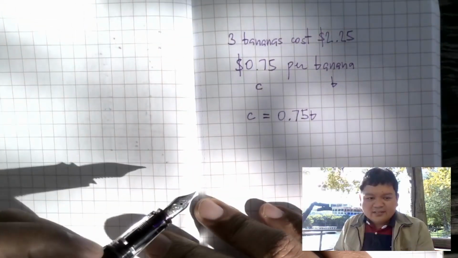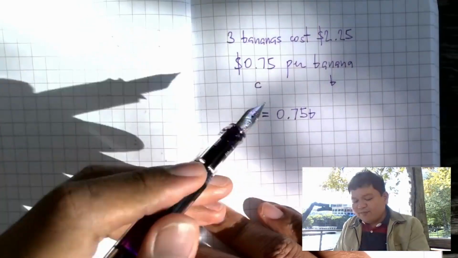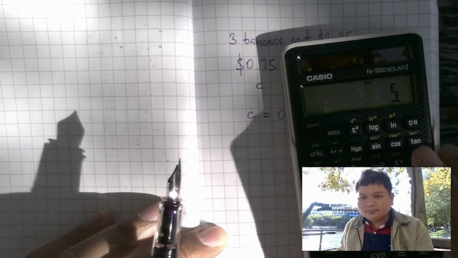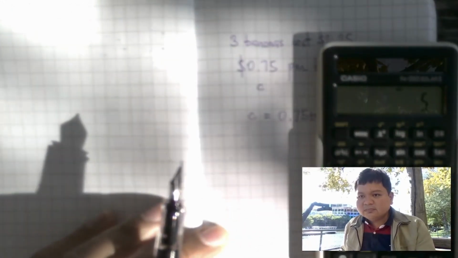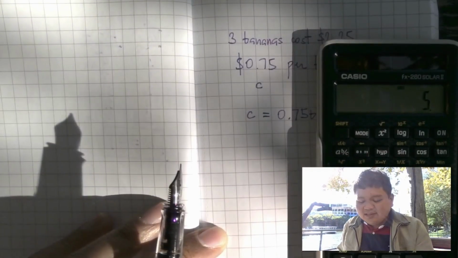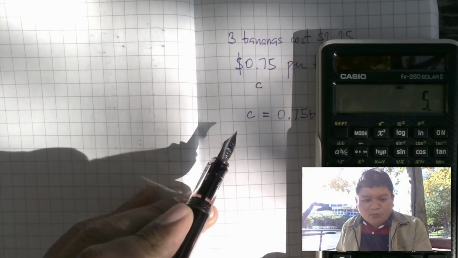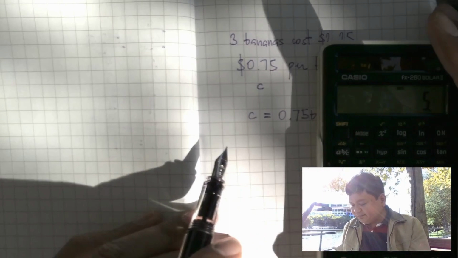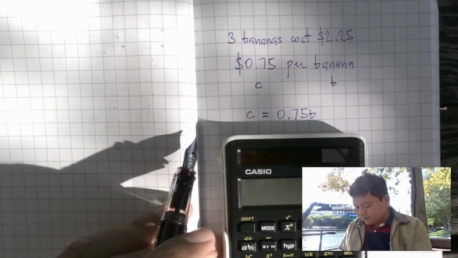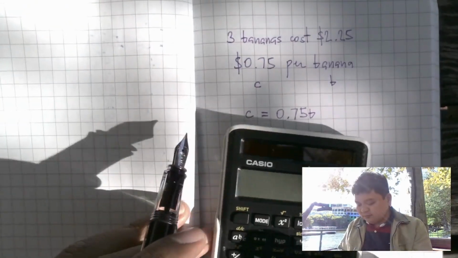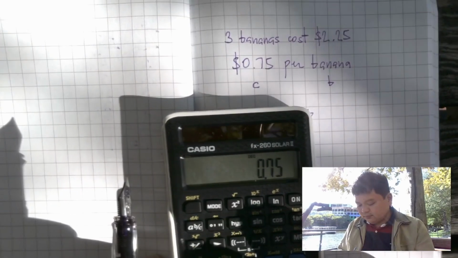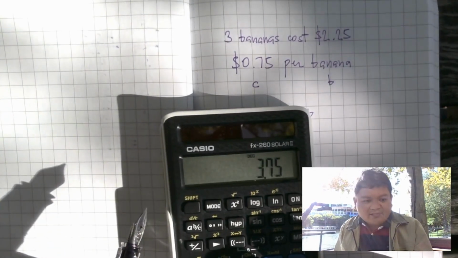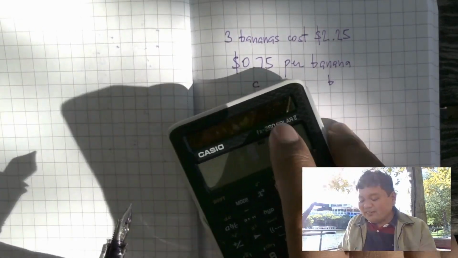In particular, if B were 5, then C would be 5 times 0.75, or 3.75, which should sound familiar as well.